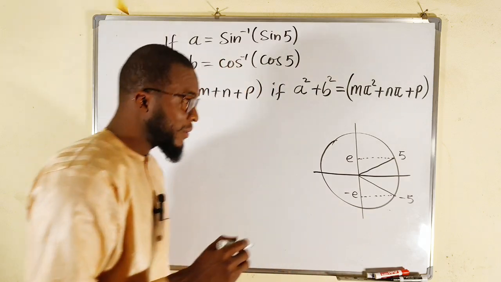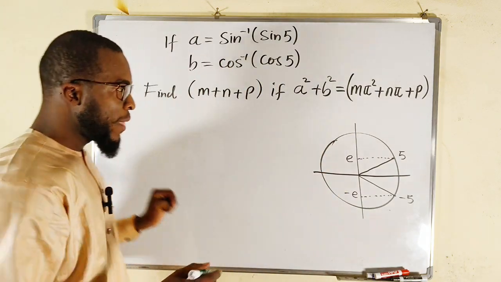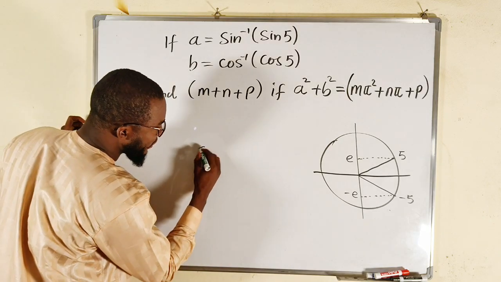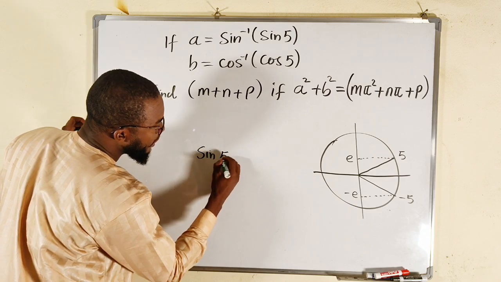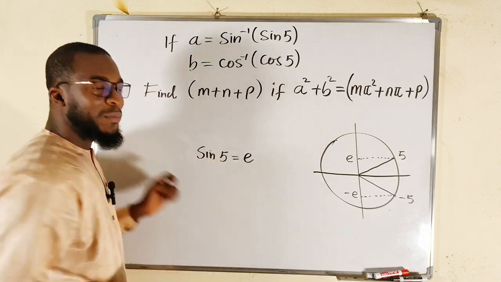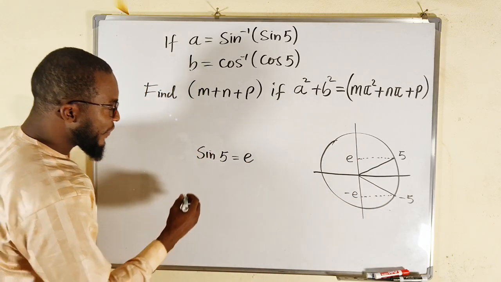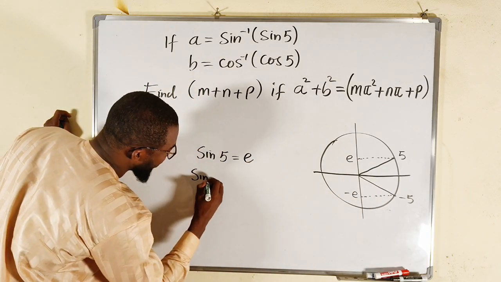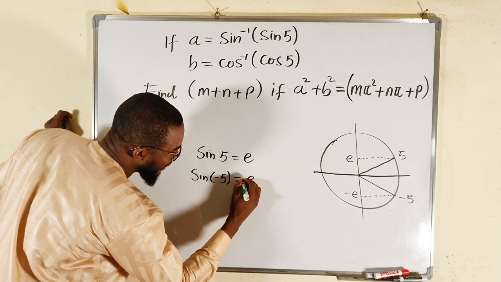You should remember that, because this leg is positive while this other leg is negative. So what happens if we have sine of 5? It will be equal to E, definitely, because it depends on y coordinate. What about sine of -5? Sine of -5 will give us -E.